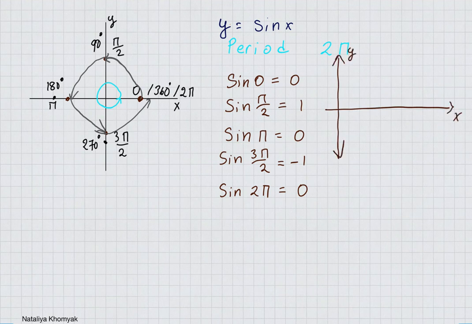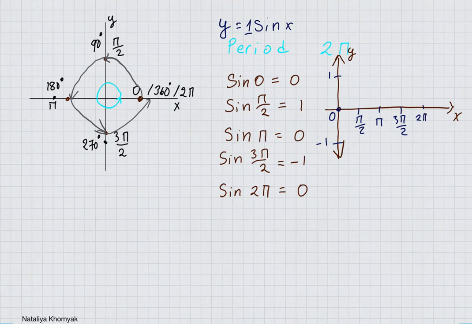The coefficient in front of sine is the amplitude. So we have one sine, which means it will go up to 1 and down to negative 1. The x values will be labeled with the angles. The first angle we used was 0, then pi over 2, then pi, then 3 pi over 2, and 2 pi as the end of our curve.